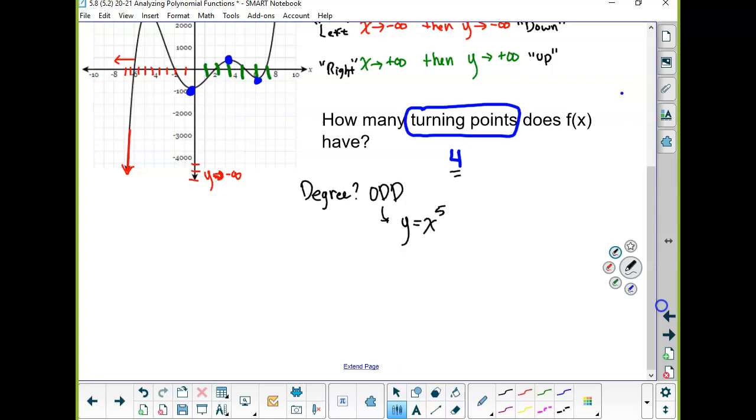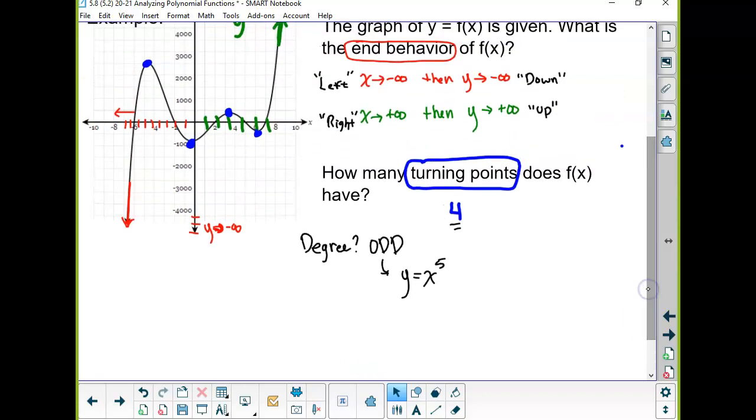It couldn't be x to the 3rd, though, because if I had an x to the 3rd, I wouldn't be able to turn from a max to a min 4 times. Okay? And again, we're not going to get into that greatly. I'm just going to take advantage when this comes up and talk about it. Now, it could be greater than 5, but we know it's at least 5 or higher.